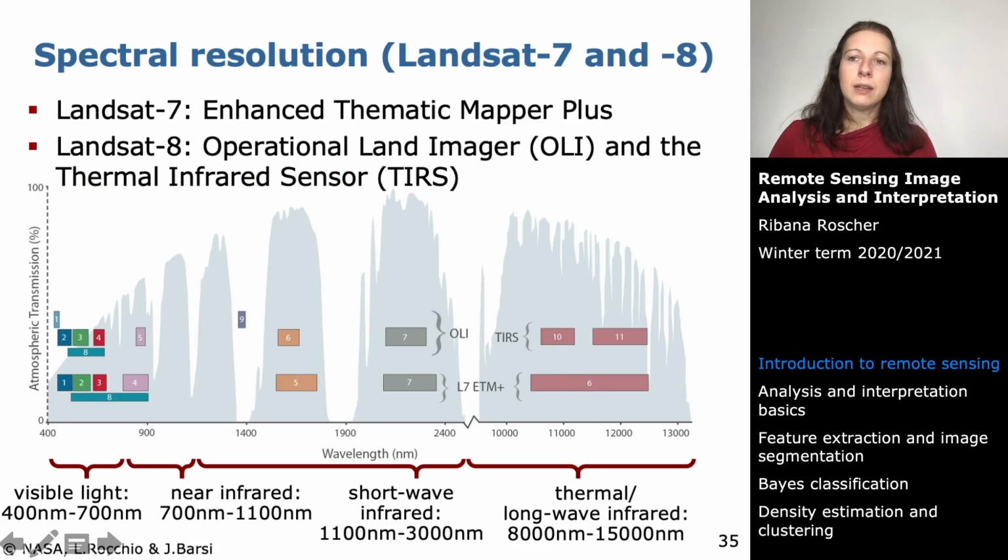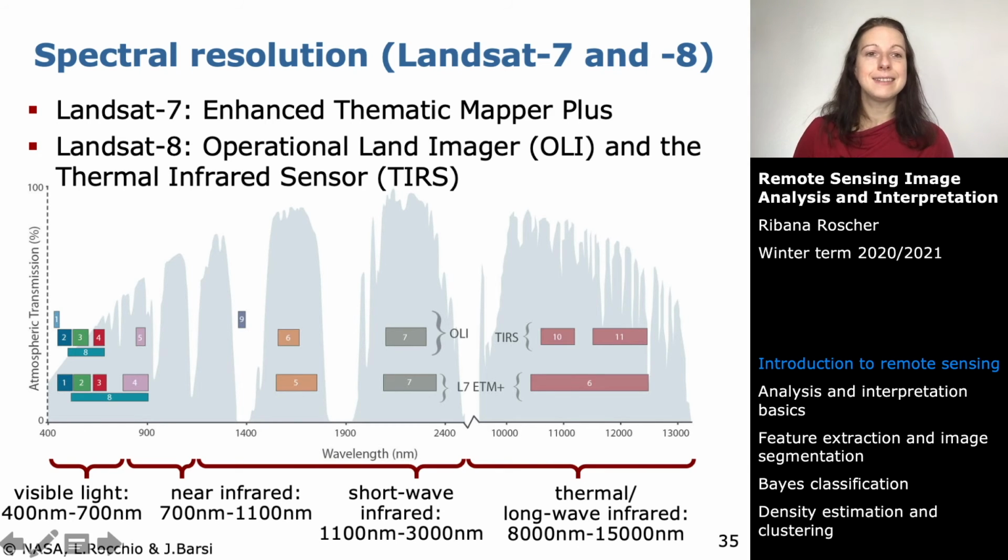So let me give you an example so that you can understand what I mean when I talk about bands and the bandwidth and what is actually captured in specific ranges. I want to give you one example. We already talked about Landsat, and Landsat is the longest running Earth observation satellite program. And so Landsat 7 has one instrument on board, which is the Enhanced Thematic Mapper Plus.